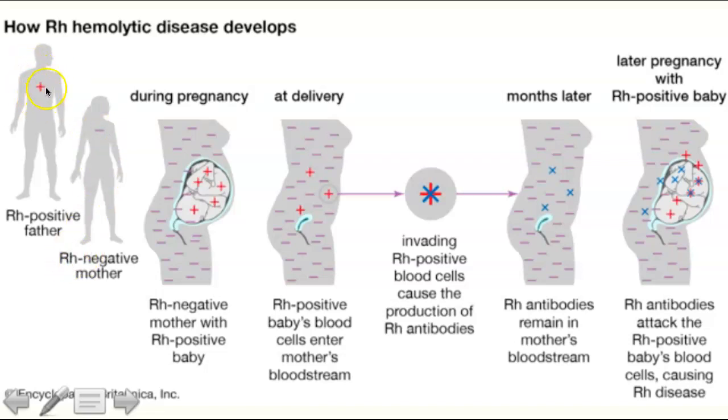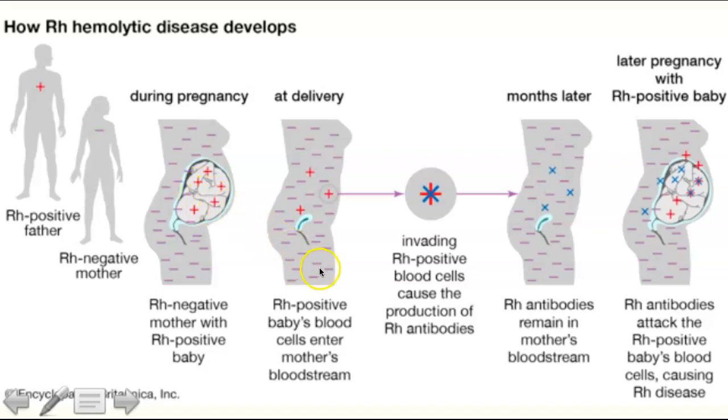Let's say father is positive and they conceive a baby and the baby gets the Rh positive blood. During the first pregnancy with the Rh negative mother and Rh positive child, the baby's blood isn't entering the mother's bloodstream. So this isn't really going to be a problem for the first pregnancy.